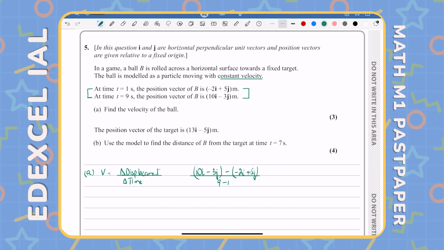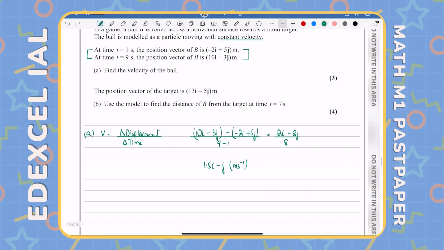So 10 minus minus 2 is 12i, minus 3 minus 5 is minus 8j, divided by the time, which is 8. Simplifying, this is equal to 1.5i minus j, and since it's velocity, meters per second. And there you go, that's the answer to the first part.